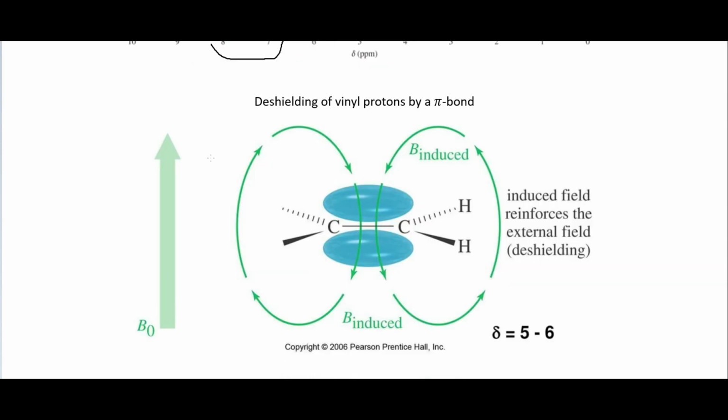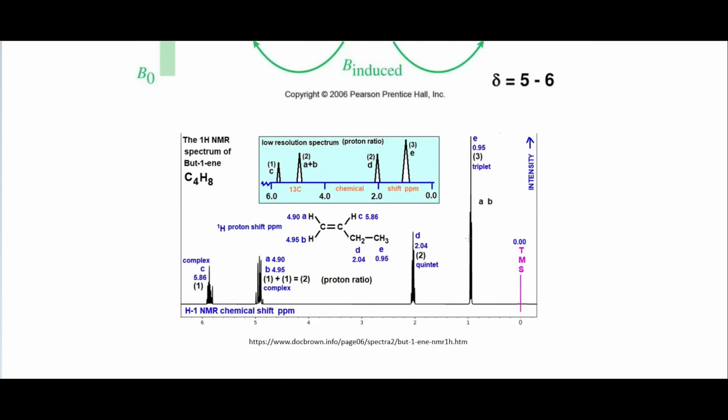We also see that we get de-shielding on vinyl protons. Again, we have these pi bonds on here, and this will have an induced magnetic field. The protons over here will feel more of that magnetic field, and so those will show up further to the left. We can see this right here where we have this vinyl group, with the B, A, and C protons.